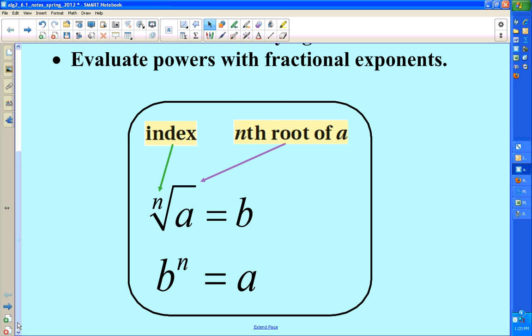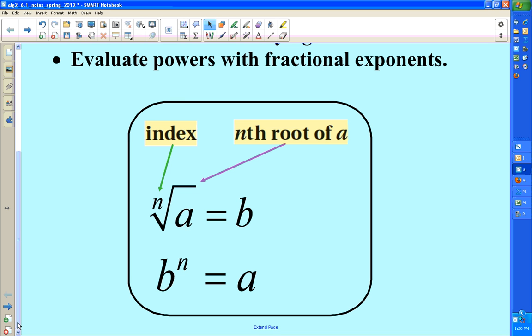That's how you read this, the nth root of a, and it's equal to b. If you wrote it exponentially, it would be b to the n power is equal to a. You would raise both sides to the nth power, and you get b to the n is equal to a.